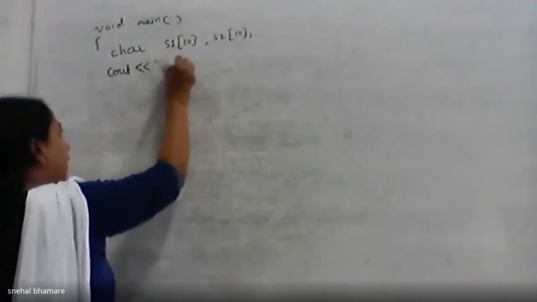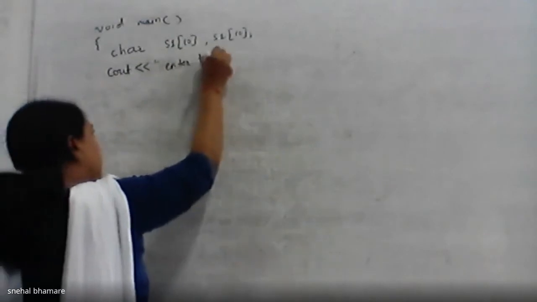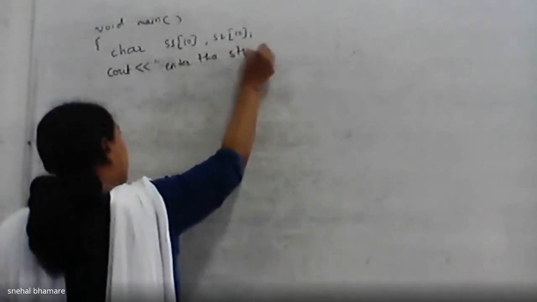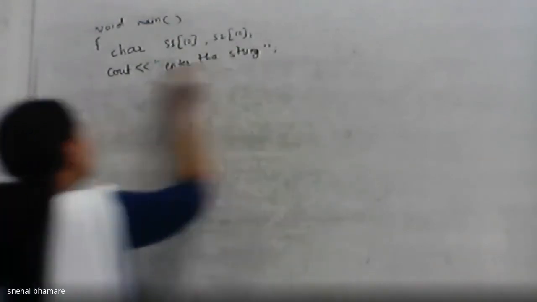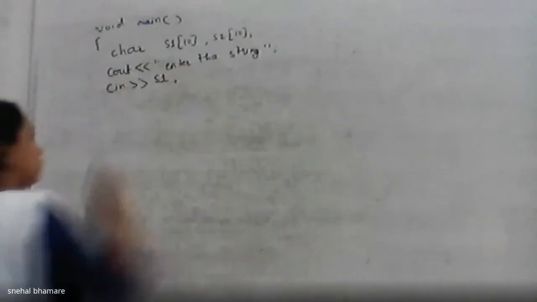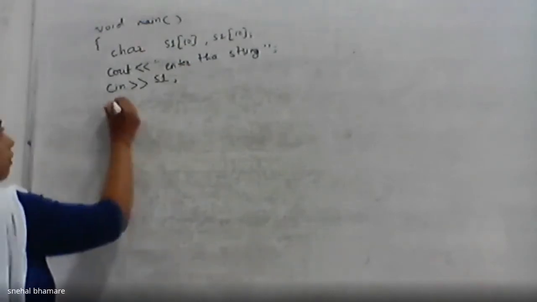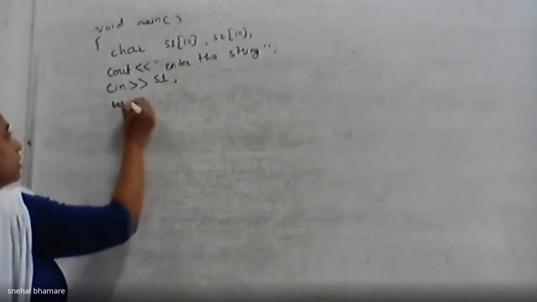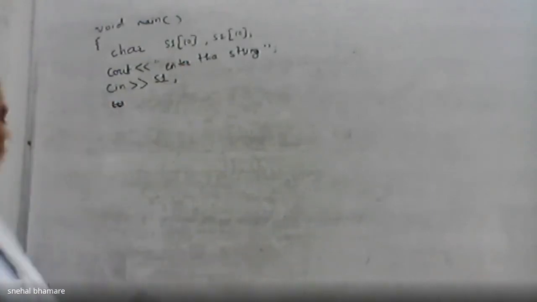So, enter the string. cin in S1. The string will be read in the array S1, right? Now, what you have to do? You have to initialize the I variable to the 0th position.